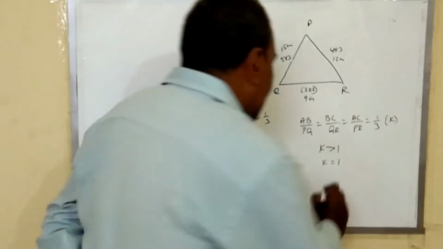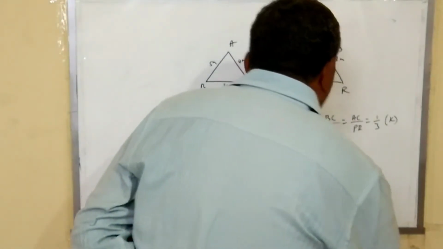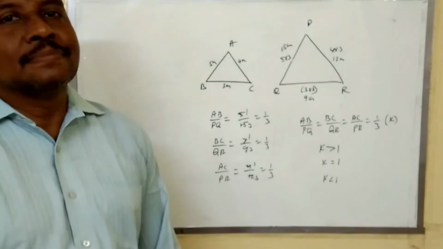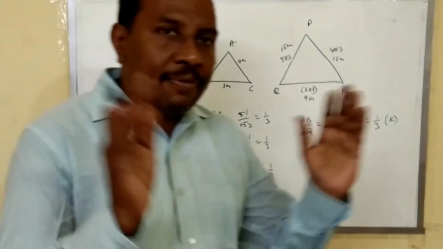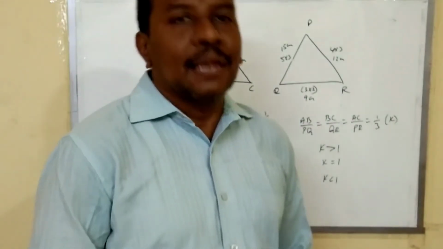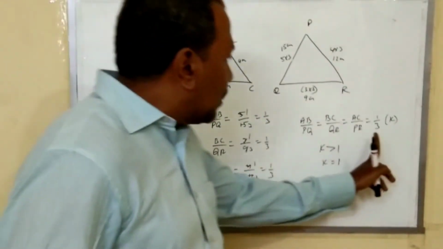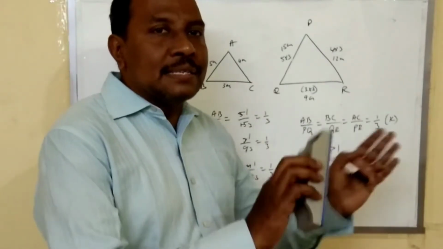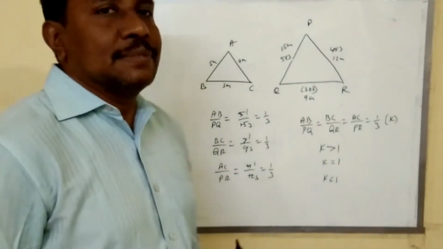If K is less than 1, you will get a diminished figure. Magnified figure, diminished figure, congruent figure, like that. So depending on the constant, the similarity of the triangles will change.